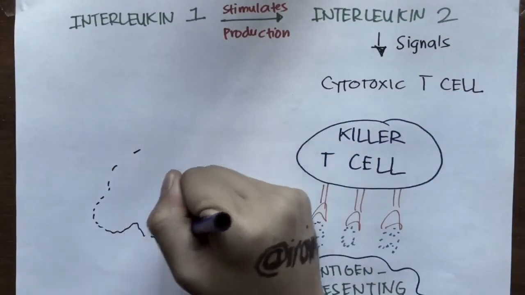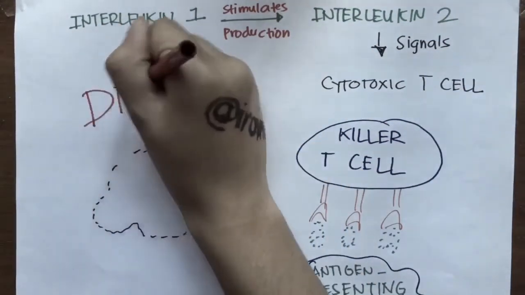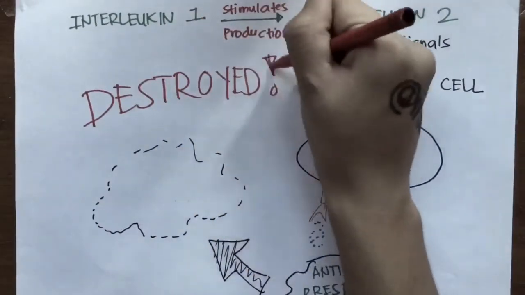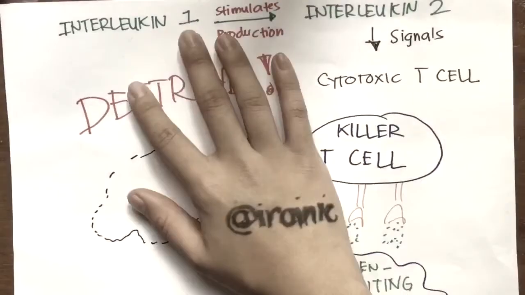The binding of the killer T cell to the antigen-presenting cell results in the killer T cell destroying the antigen-presenting cell.